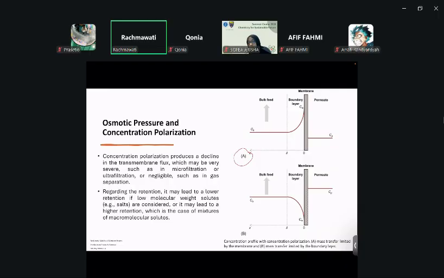Regarding the rejection percentage, it may lead to a lower retention if low molecular weight solutes such as salt are considered, or to a higher retention in the case of mixtures of higher molecular weight solutes.